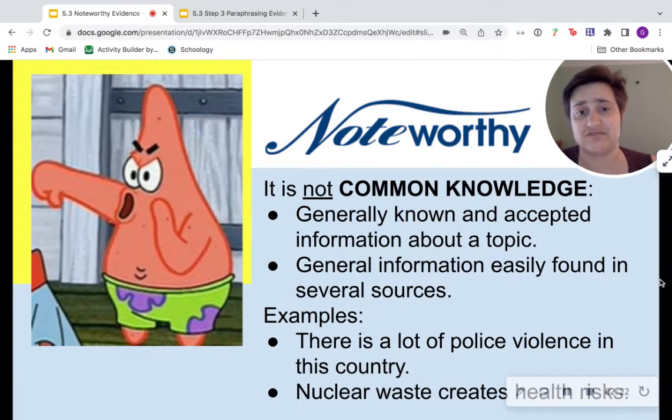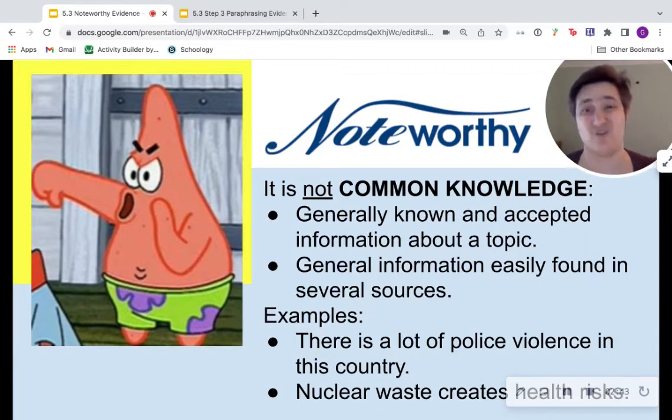Noteworthy evidence is not common knowledge. It's not going to be knowledge that's already generally known and accepted or easily found everywhere. That's not noteworthy. Why waste time on it? Some examples. There's a lot of police violence in this country. Unfortunately, pretty much everyone knows that.